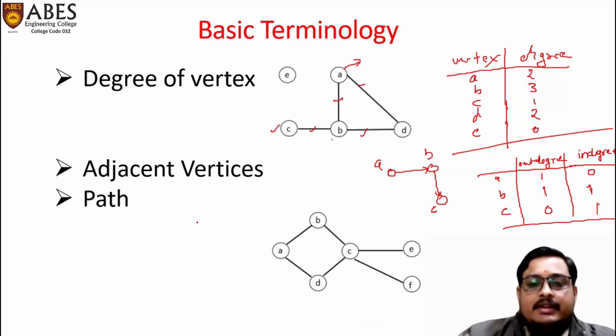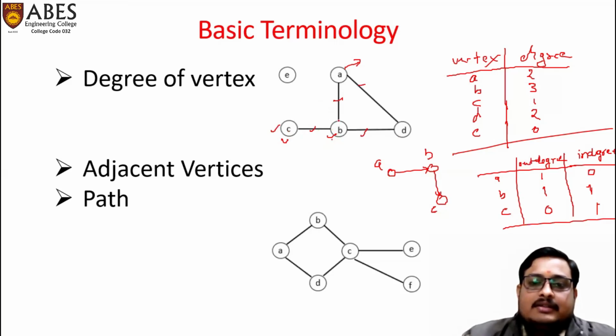Now, about adjacent vertices: vertices that have a direct edge between them are adjacent vertices. In this example, C is adjacent to B and B is adjacent to C. To find the adjacent vertices of B, the vertices directly connected to B are known as adjacent vertices.